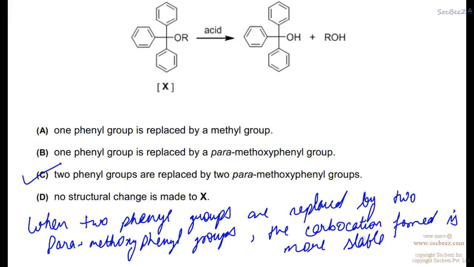Okay, so remember this, that in the case of 3, the carbocation which is formed is more stable. Okay, so now let's see another question.